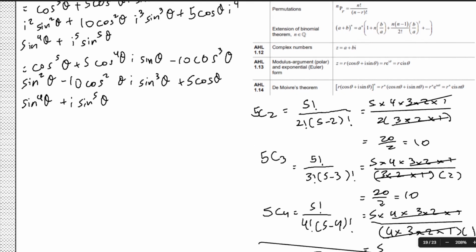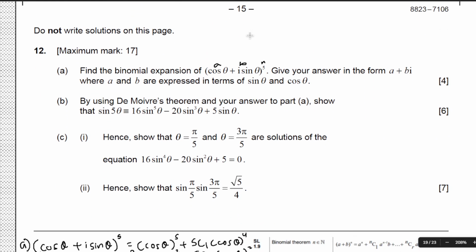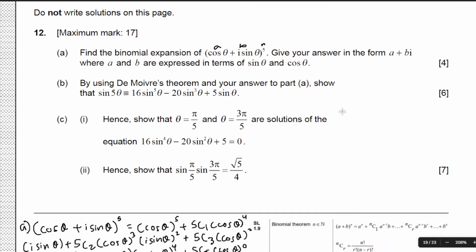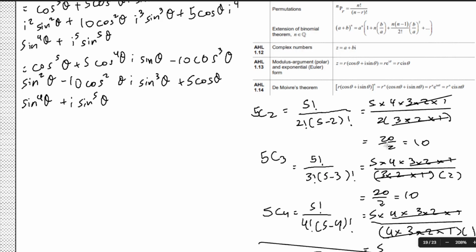Now we have to put that in the form that they want us to, which is a plus bi, in which a and b are expressed in terms of sine theta and cos theta. All right, so that means that we need to factor out i. Let's separate the ones that do not have i first.